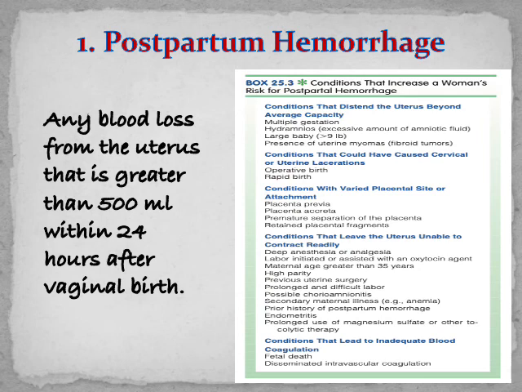Conditions relating to abnormalities of the placental site or its attachment. Conditions that leave the uterus unable to contract readily after birth. And lastly, the conditions that cause inadequate blood coagulation.